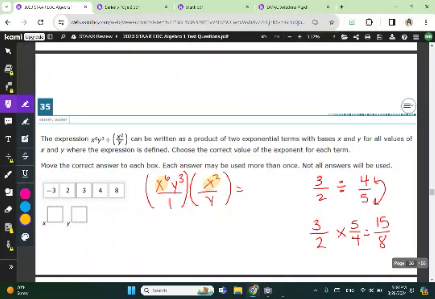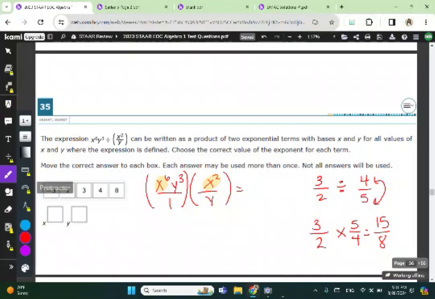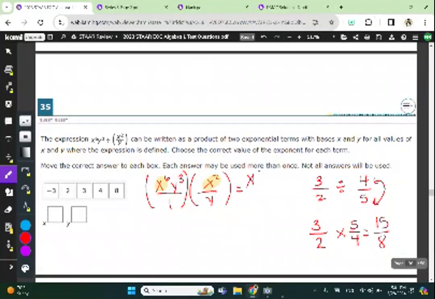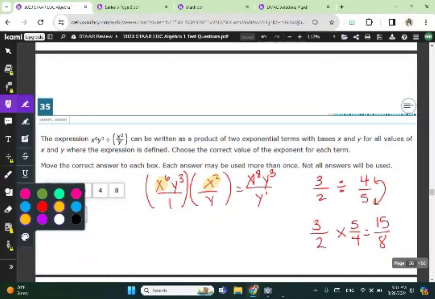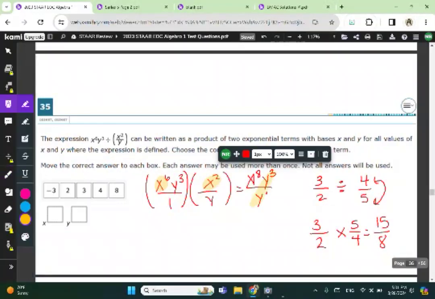So I'm going to add 6 plus 2, which gives me x to the power of 8. Y cubed stays there, and then y times 1 is still y to the power of 1. Now we want to simplify this fraction right here.